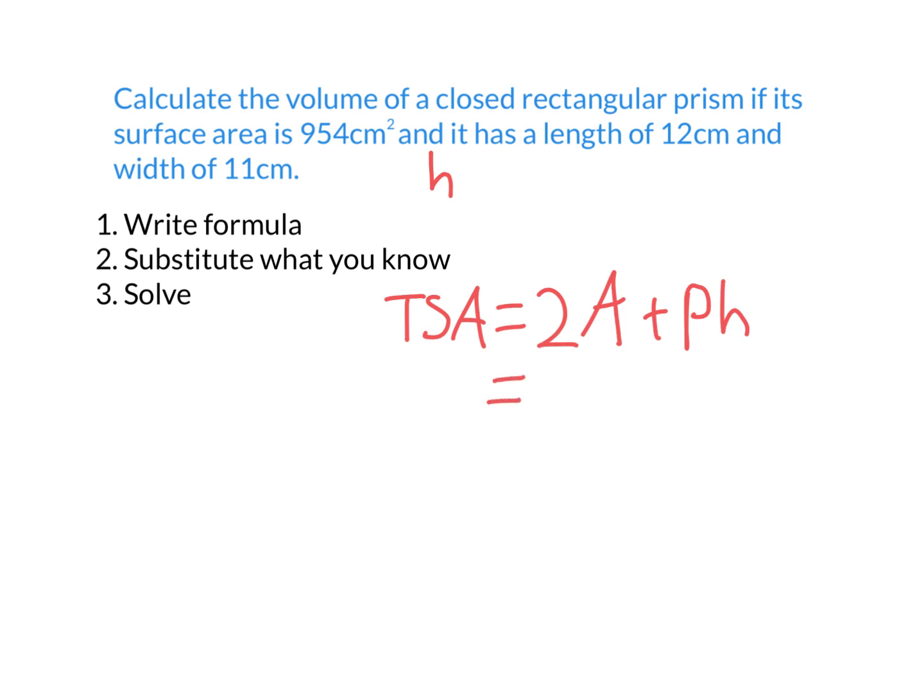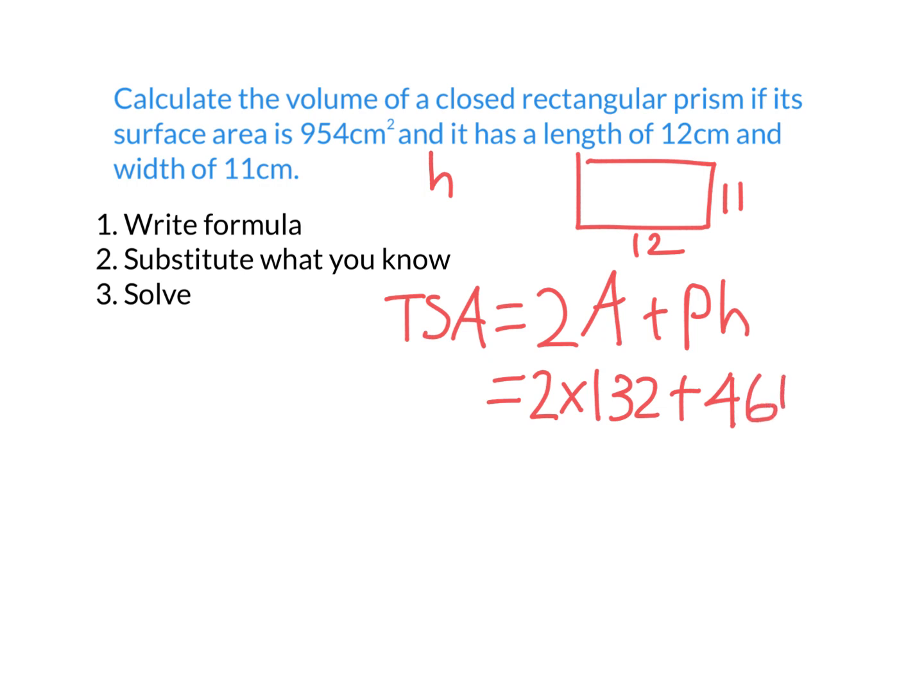Well, the area of the base will just be a rectangle that's 12 by 11. So the area of the base will be 11 times 12, which is 132. So the perimeter of the base is 12 plus 11 plus 12 plus 11. It's actually 46. So we get 2 times 132 plus 46h.